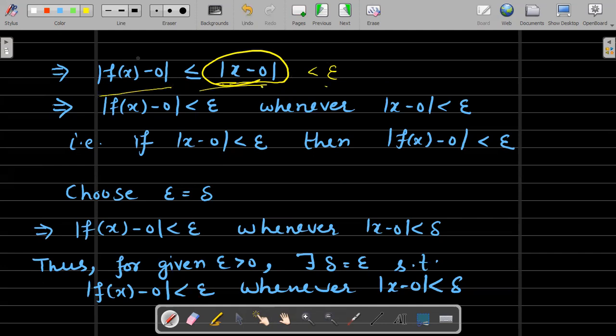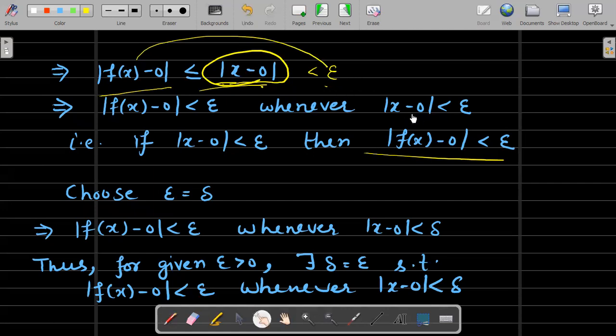This implies |f(x) - 0| is less than epsilon. That is, if |x - 0| < epsilon, then |f(x) - 0| < epsilon. So choose epsilon equal to delta.